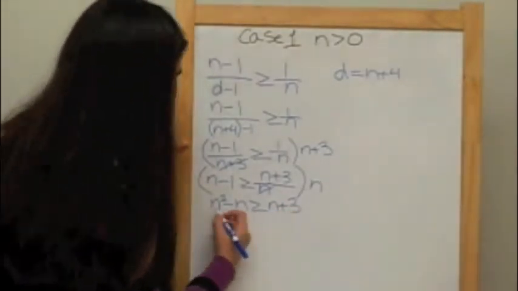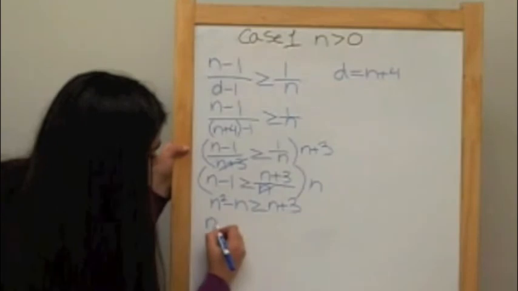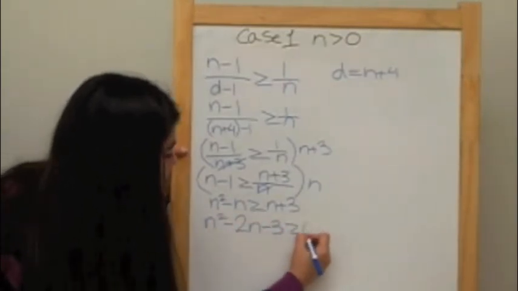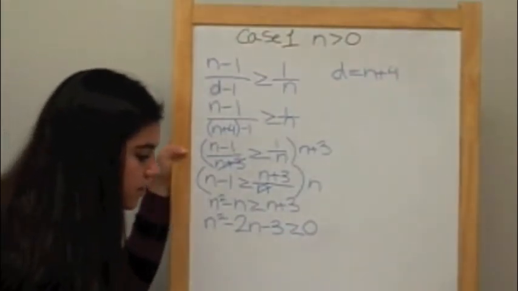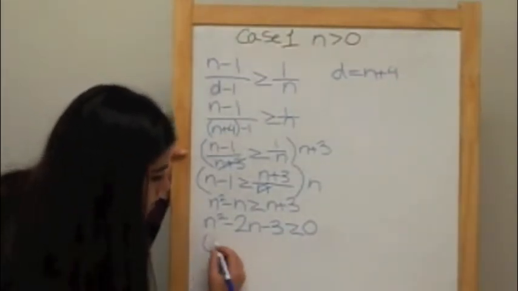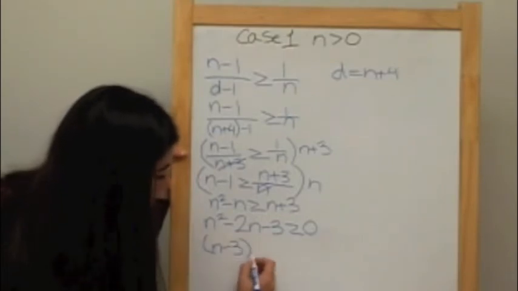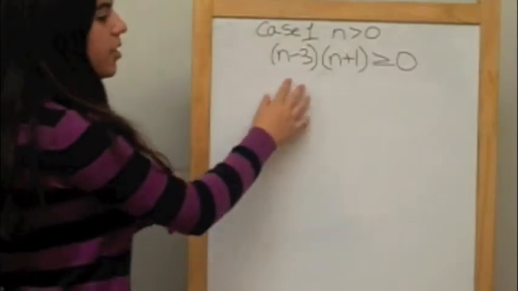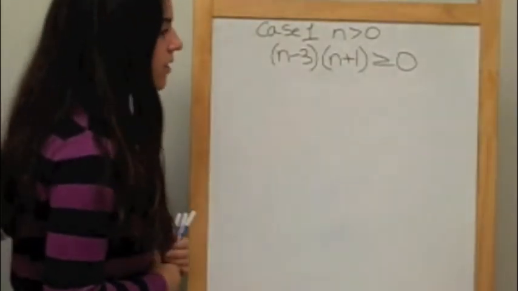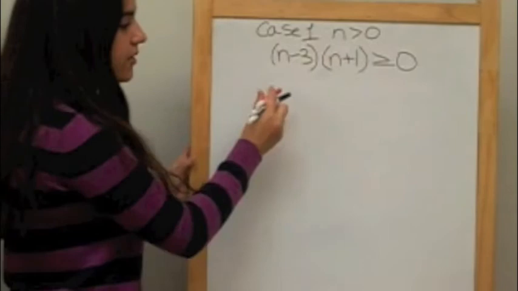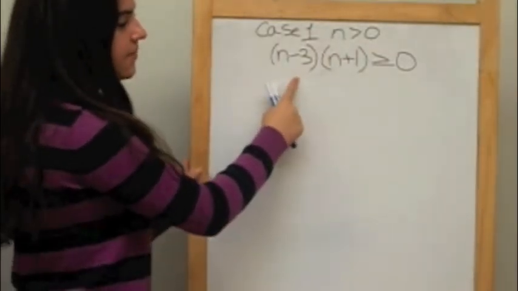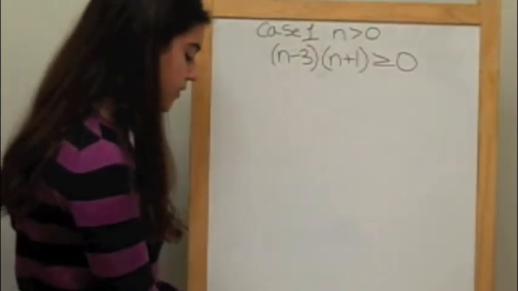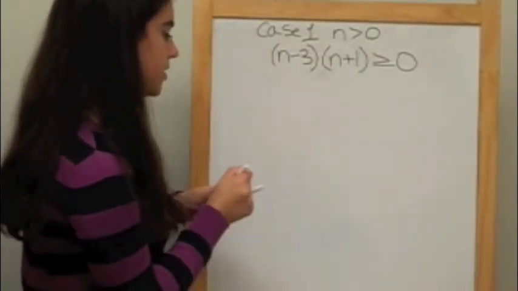We can simplify this to get a quadratic inequality and factor to get. For both of the products to be greater than or equal to 0, both values either have to be positive or both have to be negative. So we can solve two options.